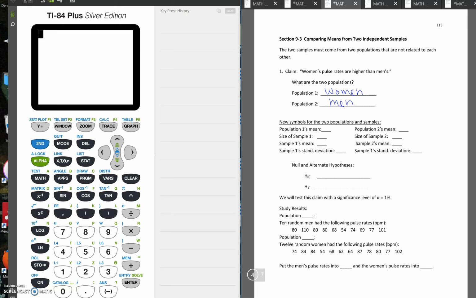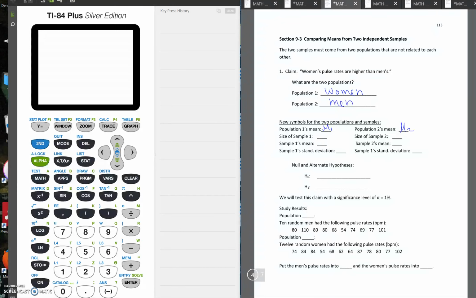Now we're going to go through the symbols you would see in this section. Very similar to when we had proportions, we'll have the little subscripts 1 and 2 for population 1 and population 2. Otherwise, there'll be the symbols that you've seen throughout the different chapters. Population 1's mean will be mu1, and population 2's mean is mu2.